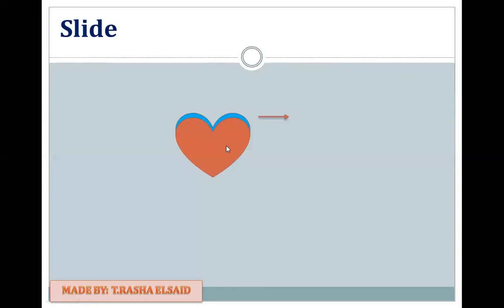So when I slide it to the right, it will be the same like the first one. Just I move it like that. So this heart, I just move it to the right. The other face will not appear, just the red appears in the front like that.